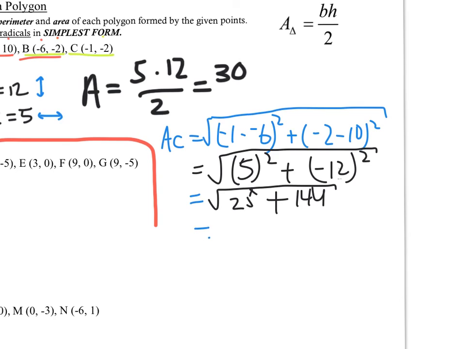So now we have the AC length to be the square root of 169, and then finally that comes out to be 13. So we did not need that, but I figured I'd do it just to give you one demonstration of the distance formula, just in case you need it for the rest of your work.